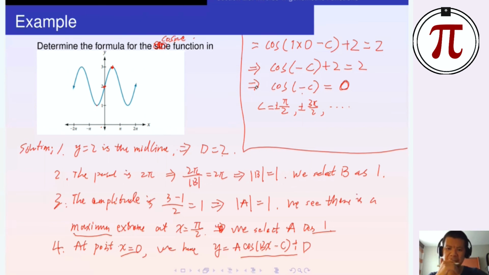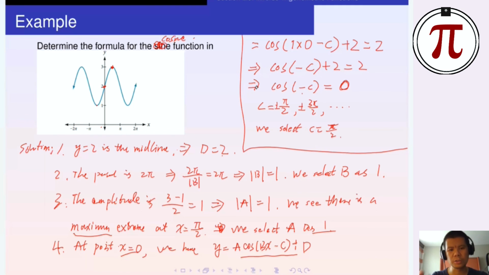So we may select C equals pi over 2, which is moving positive. Yes, we select C equals pi over 2.